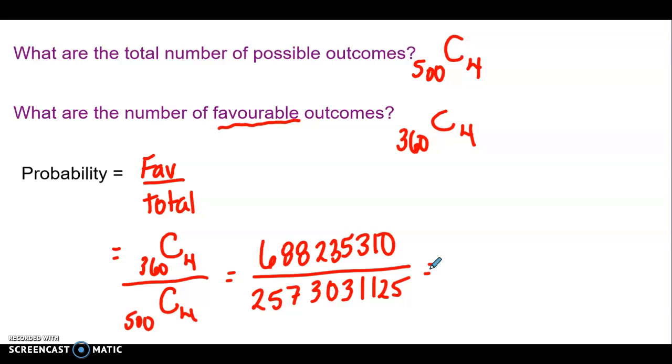And when we divide those numbers to find our total probability, again, probability can be written as a fraction or as a decimal, or we can write it as a percent. 26.7%.